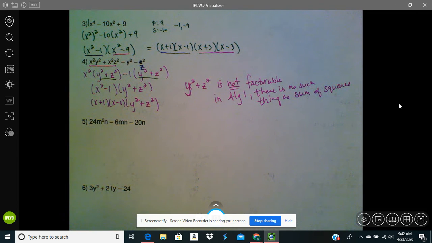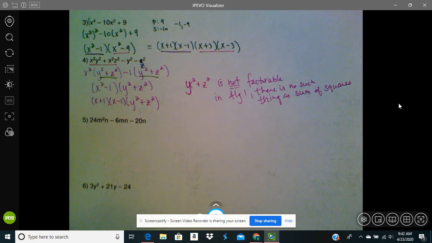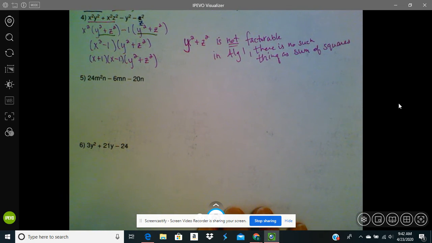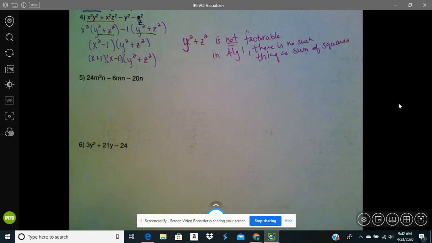Let's look at number 5. All right, number 5, 24m squared n minus 6mn minus 20n. Okay, I see right away that there is a common factor of n. And then I also notice that each of the coefficients is even.